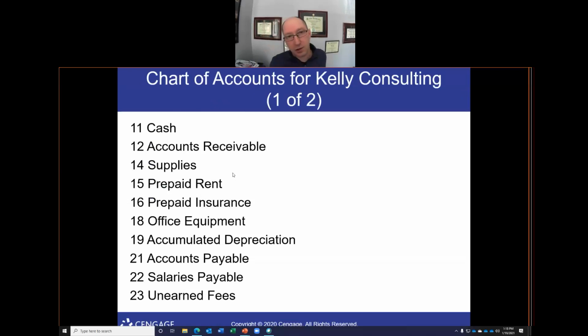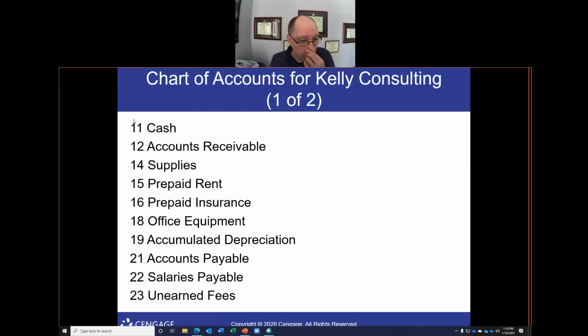First thing, I'll show you the chart of accounts for this company. As I mentioned in Chapter 3, the chart of accounts shows us assets, liabilities, and equity accounts. They are listed in order of liquidity, organized by the type of accounts, and they also have a reference number.